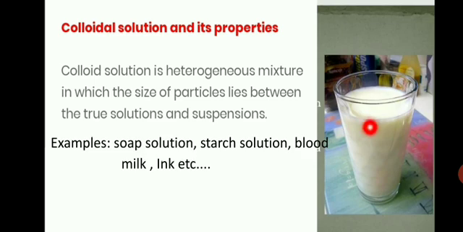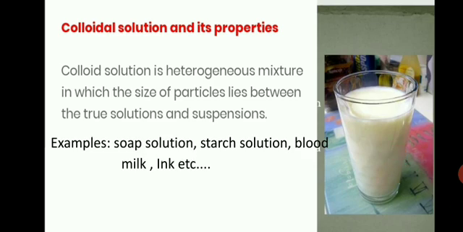Heterogeneous means what? It is unevenly distributed, not uniformly distributed, but we cannot observe the uneven distribution in a colloid. But actually it is a heterogeneous mixture that appears to be a homogeneous mixture.